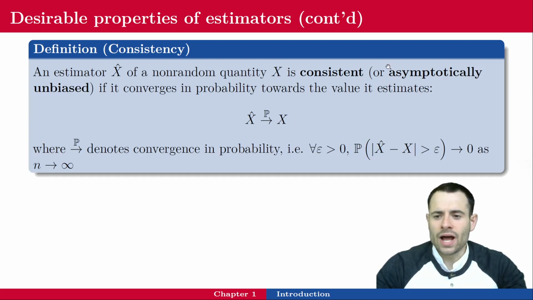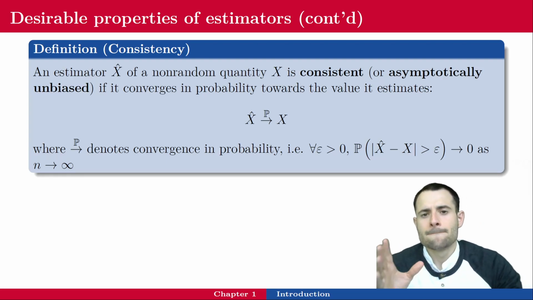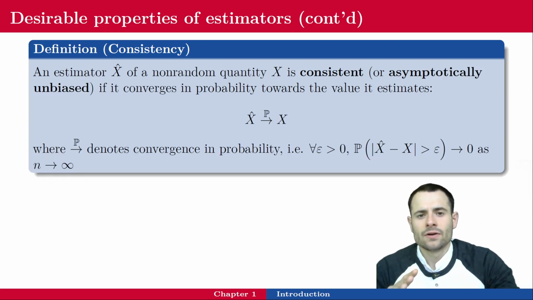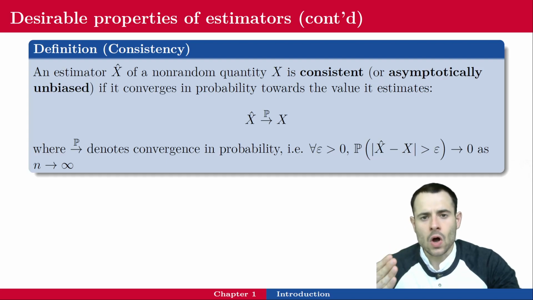Every time you see the word asymptotically or consistent, you have to think about the sample size, n, goes to infinity. So this means that my estimate, if I keep computing it on a bigger and bigger sample every time, should get me closer and closer to the value I am trying to estimate.